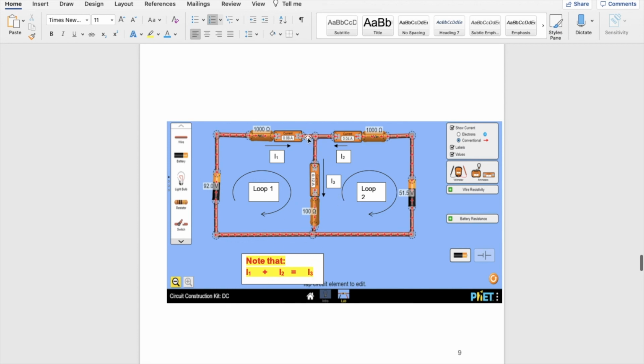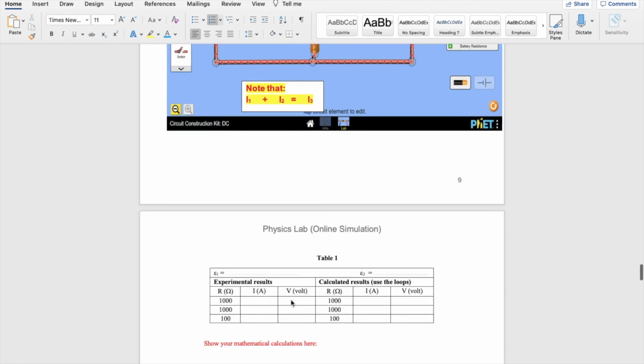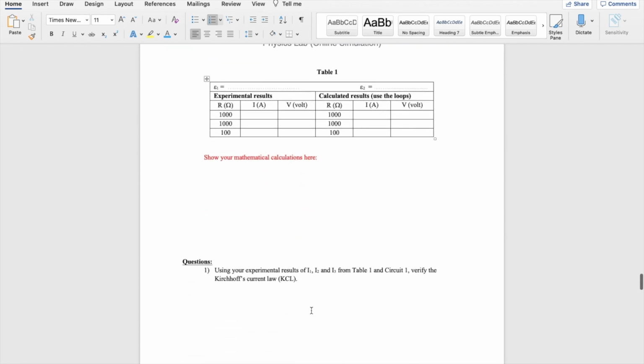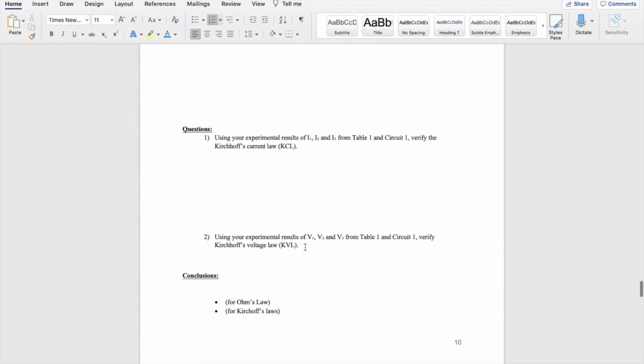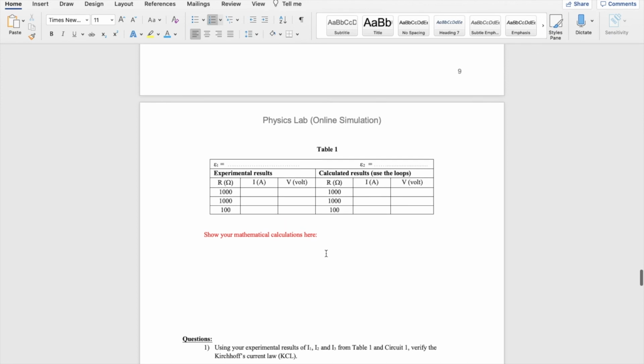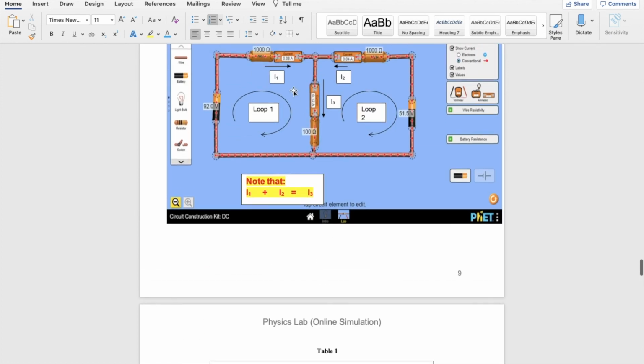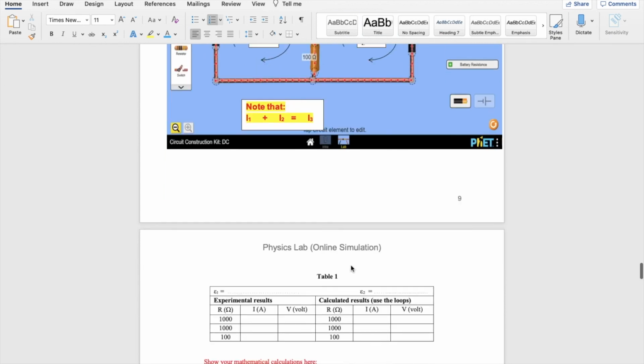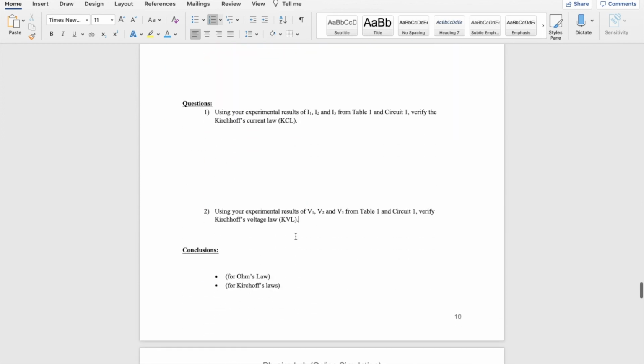So measure current here, here, and here, and see if this first law is verified. Similarly, take any loop and prove that the loop rule is correct, or the conservation of energy, or the sum of potential change across any loop, the loop 1, loop 2, or even the outer loop you can take, and see if that potential change is equal to 0 or not, verify it here.